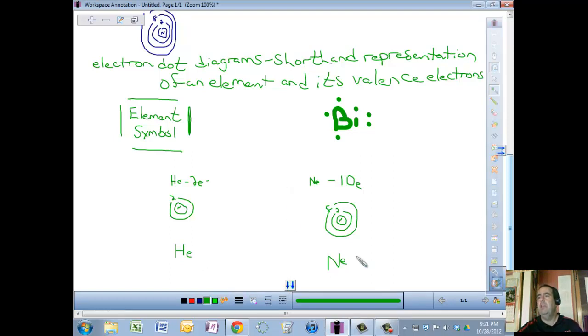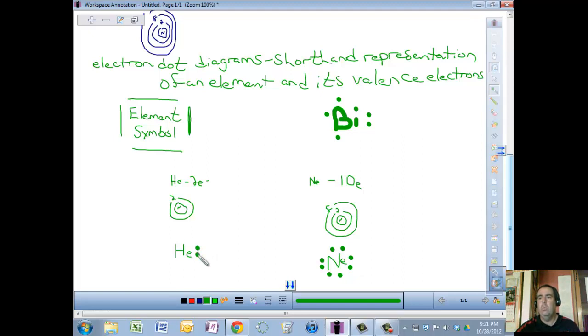But let's look at neon and its dot diagram and helium. So again, neon: 1, 2, 3, 4, 5, 6, 7, 8. If you go around all 4 sides, the right, the top, the left, the bottom, you notice that there are 2 electrons on each side. To show that helium is like one of those gases in that column, notice on a side there are 2.